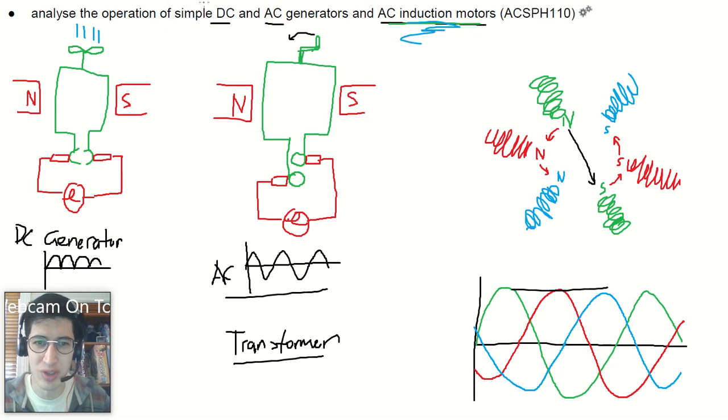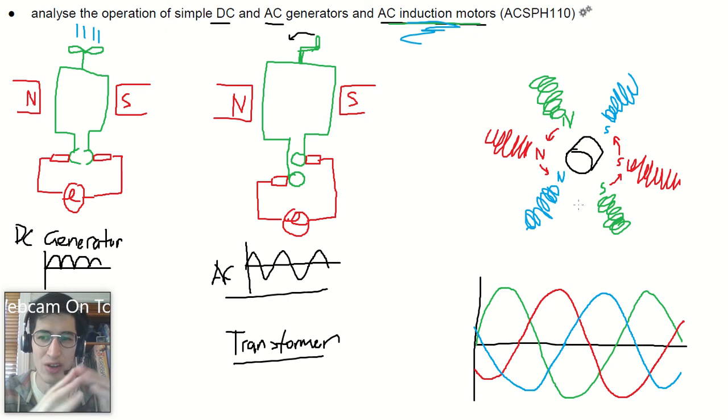So what does this do? There is an object inside here making use of this changing magnetic field. Let's imagine it's a cylinder, right? Coming out towards us, but I haven't drawn it very well.